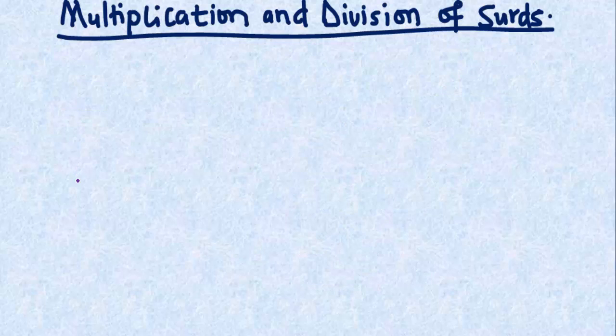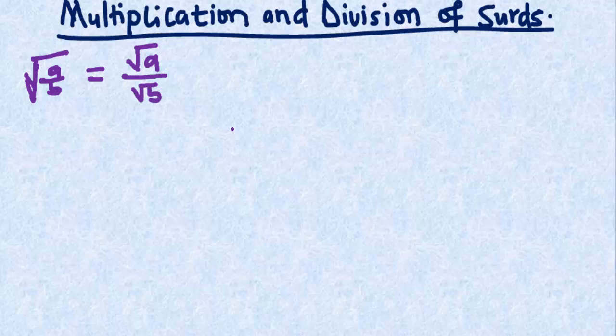Now on the basis of division, we use the fact that root of a over b can be expressed as root a over root b to simplify surds.